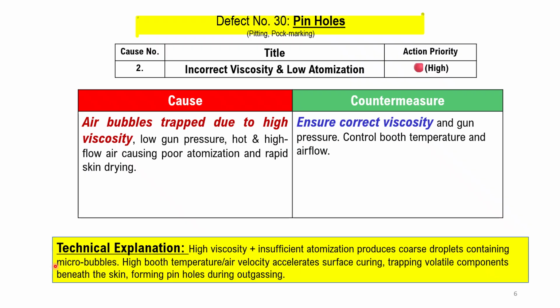High booth temperature and velocity accelerate surface curing, trapping volatile components beneath the skin, forming pinholes during outgassing. Therefore, what is recommended is ensure correct paint viscosity and gun pressure, control booth temperature and airflow.